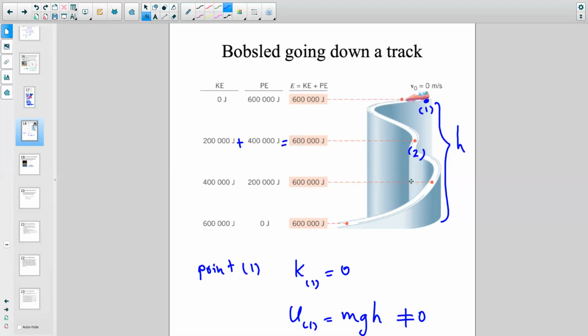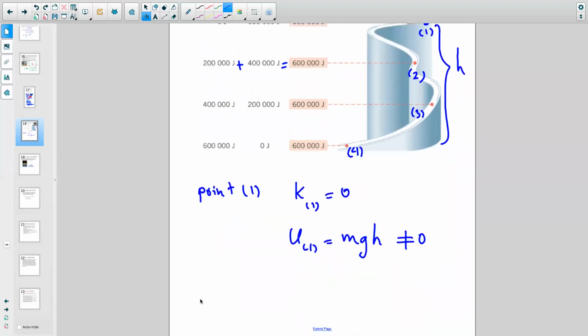It is the same thing for point 3. It is the same thing for point 4. However, in point 4, once you're on the ground, the h is 0. So on point 4, h is 0, and therefore the potential energy for point 4 is 0 because there is no h, so mgh is 0.